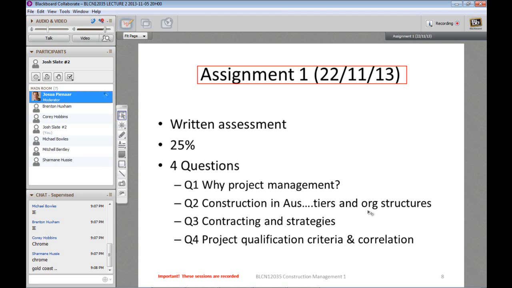You'll see there are 2 due dates, and the due date is actually not the 22nd, it's unofficially the 24th. The reason for this is that the systems at the university will only allow us to use weekdays when we create the course profiles. But I'm happy to give you until the Sunday. I'm in any case not going to look at it on a weekend. It is a written assignment, and it counts about 25% of the work.